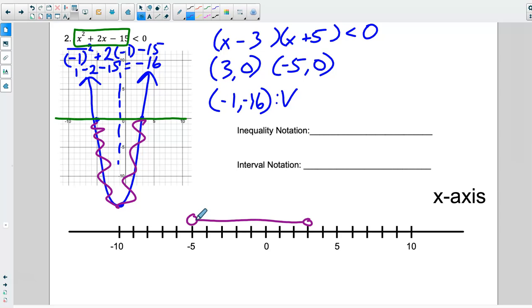I want you to try the interval, and I want you to try the inequality for that notation. And I'll even put up for the inequality, it's going to be something like this. There's only one item there, so we only have one thing to do. So put those numbers in.